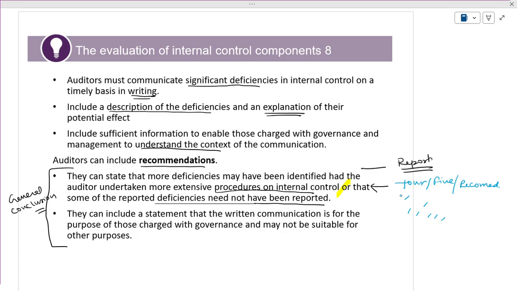They will ask only 4, so we write only 4, even if we have identified 7. Here we mention that more deficiencies may have been identified had the auditor taken more extensive procedures on internal controls.